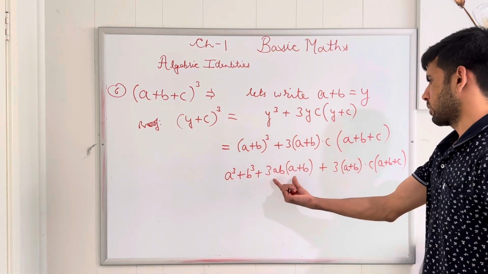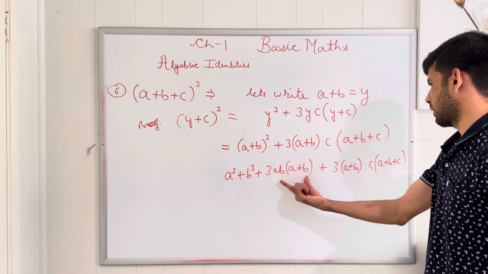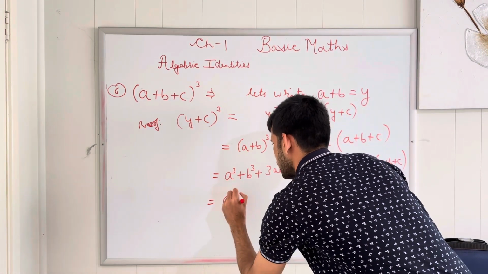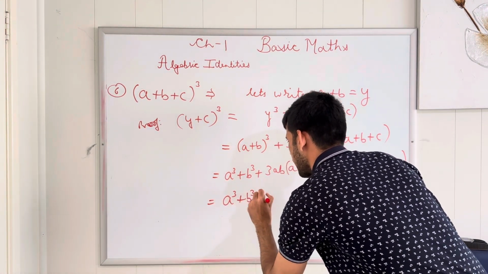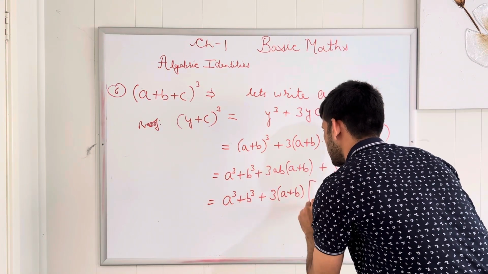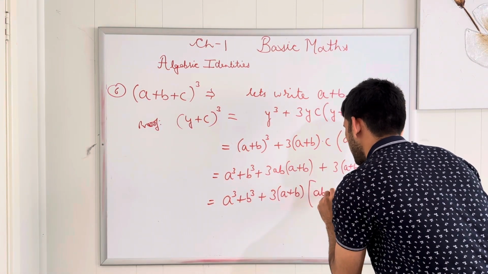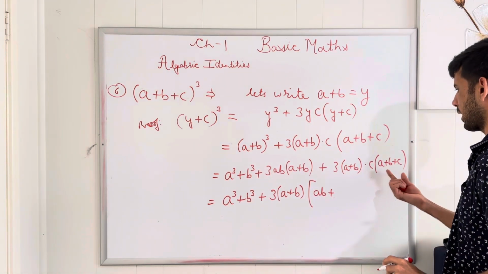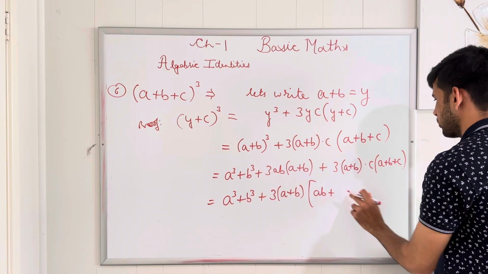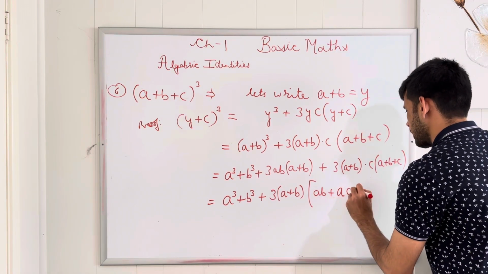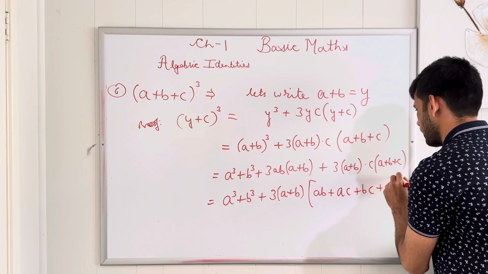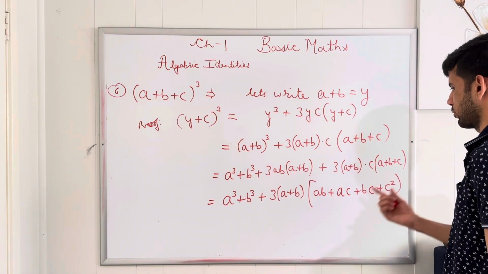Now if you look properly, we can take 3(a + b) common. So a cube plus b cube plus 3 times (a + b), and in the bracket we get ab, and here we get c multiplied by (a + b + c). If I multiply them, I will be getting ac plus bc plus c square, right?